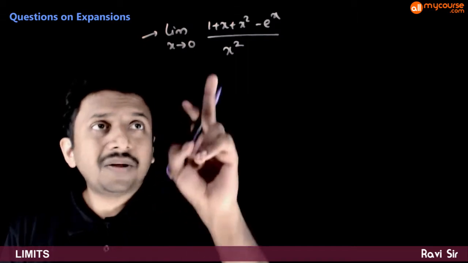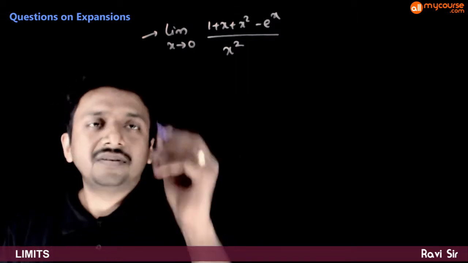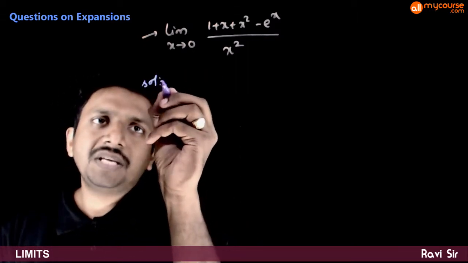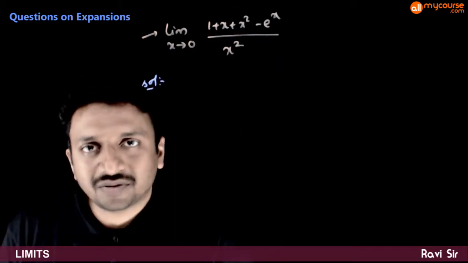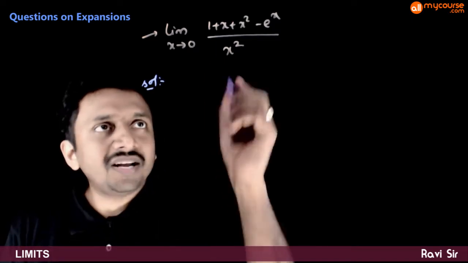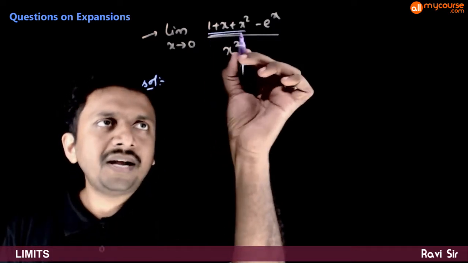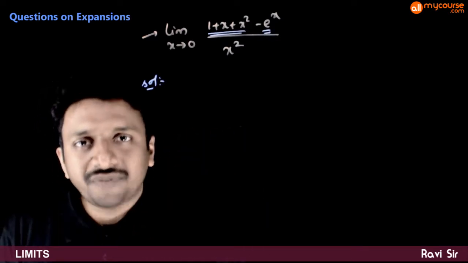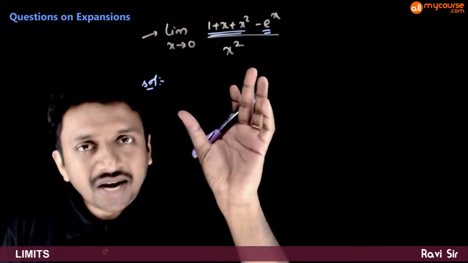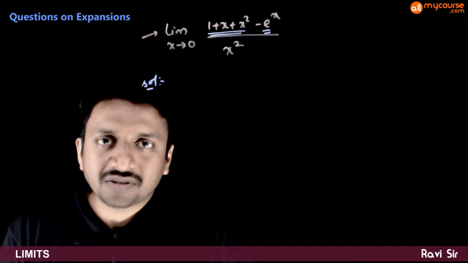Next, let us look at this sample question. Limit x tends to 0, (1 plus x square minus e power x) by x square. As you can very clearly see, you have an algebraic part and an exponential part. So you have two different types of functions. Let us try to use the concept of expansions.